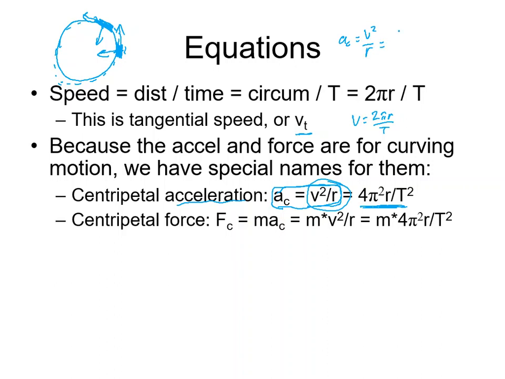And now I can substitute in 2 pi r over t, that whole thing squared, and divide that by the r. Now you say, whoa, that's really complicated. It's not so bad because I'll distribute the square. 2 squared is 4, then we have pi squared, and then r squared over t squared, and then all over r.